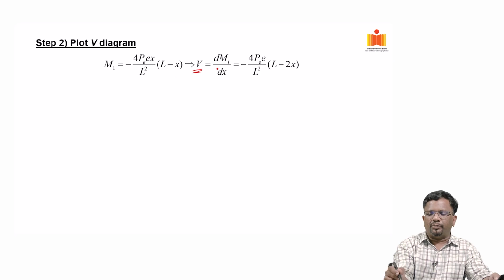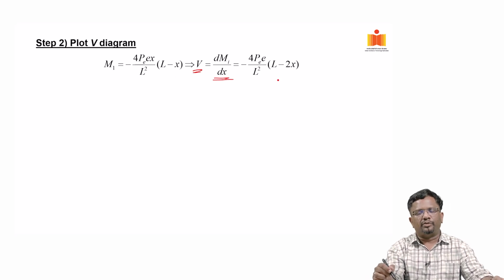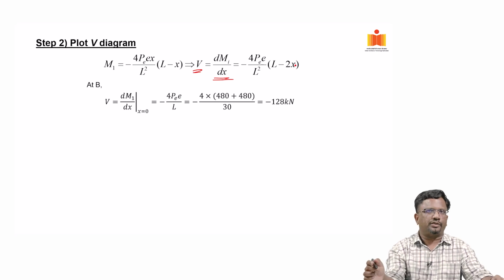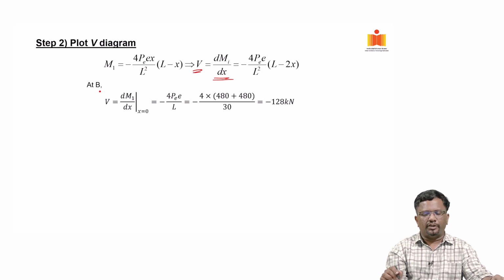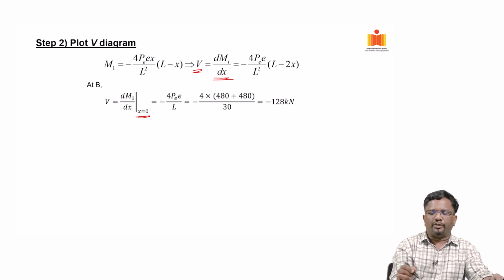Now, shear is going to be dM by dx. So, if you differentiate it, you get 4 PE into (L minus 2x) by L square. Okay. Now, at B, at the midspan location, if you put x equal to 0, you get minus 4 PE into e by L. Now, what should be the eccentricity?